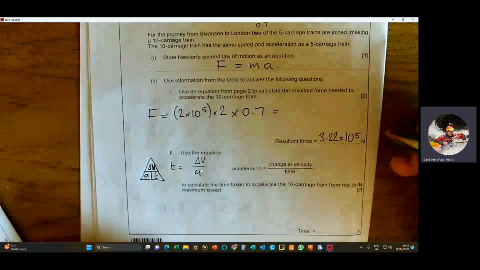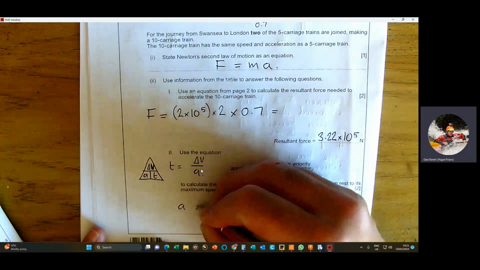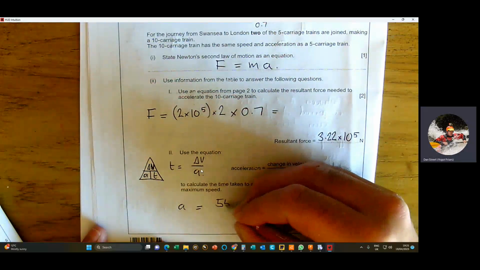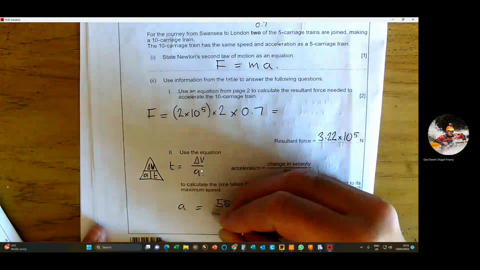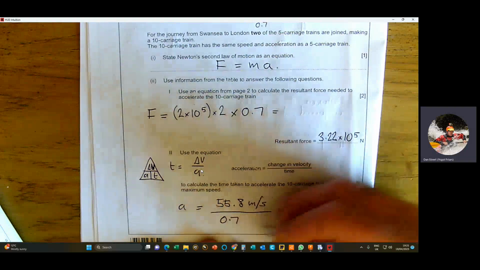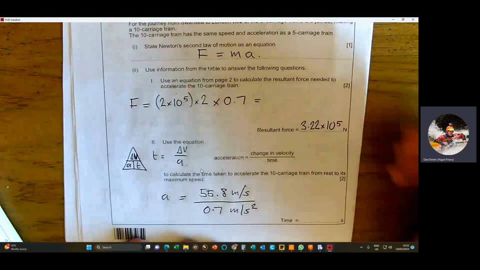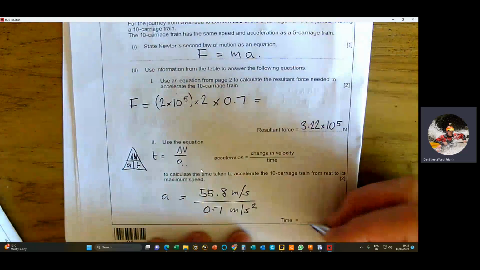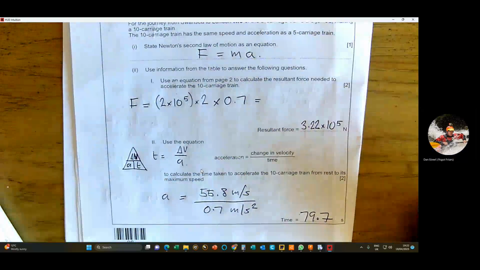So the calculation we need to do is that time is 55.8 meters per second divided by 0.7 meters per second squared. If you calculate that out, you get 79.7 seconds.